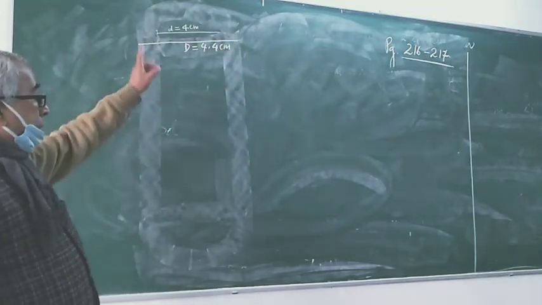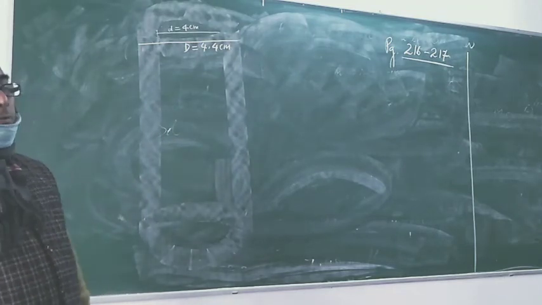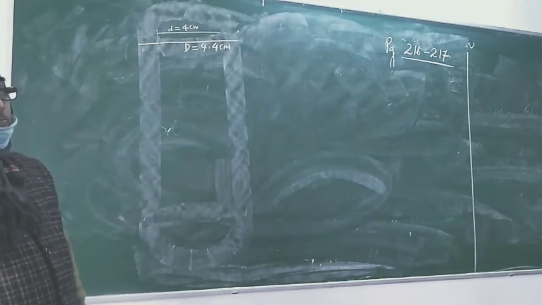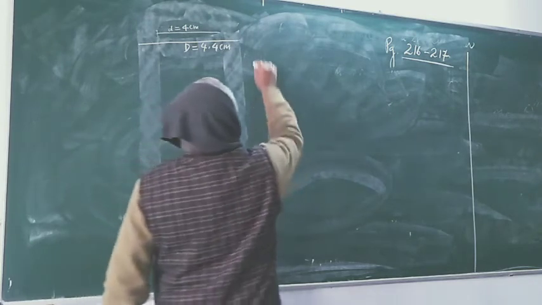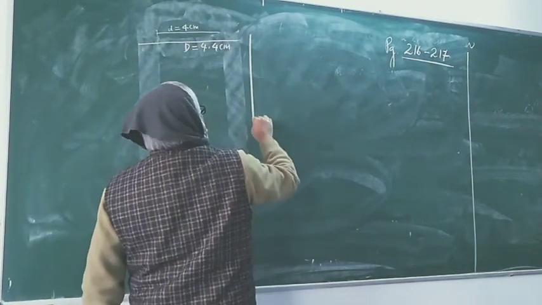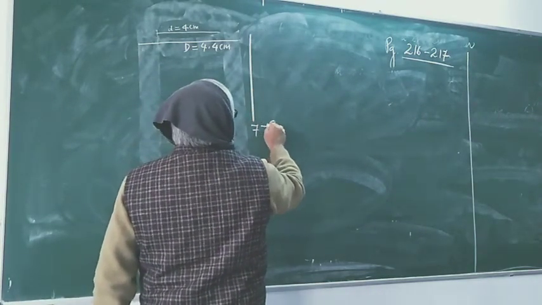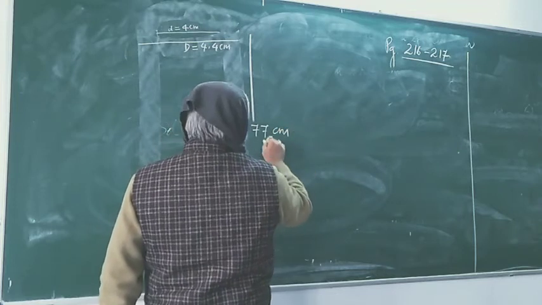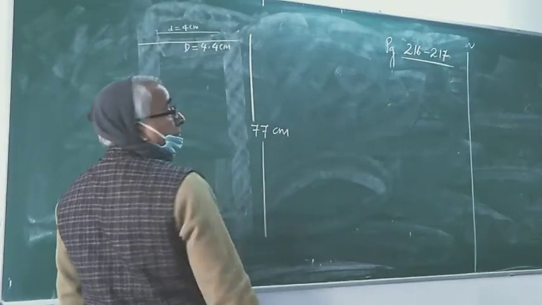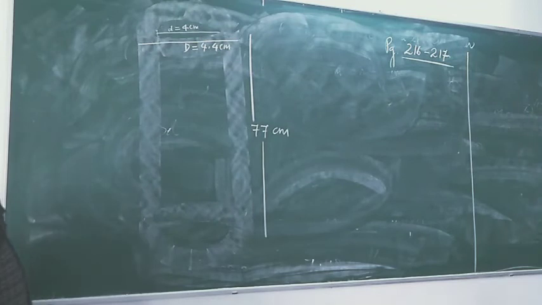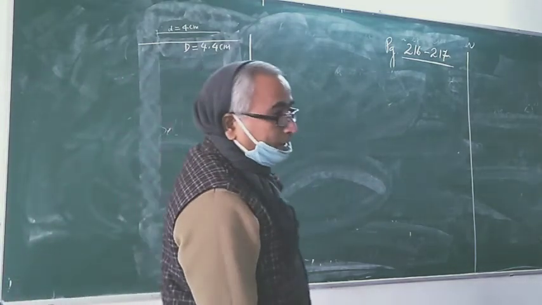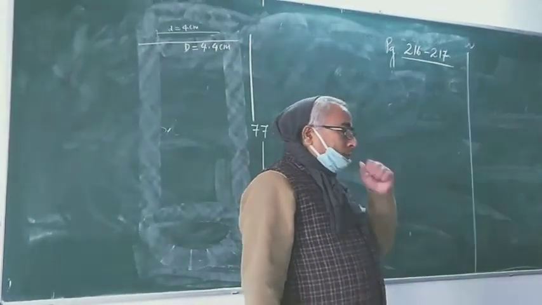Yes, sir. What is the length of the pipe or height of the pipe? 77 centimeter. This height is given, 77 centimeter. Clear? So we have to find out the inner surface area.